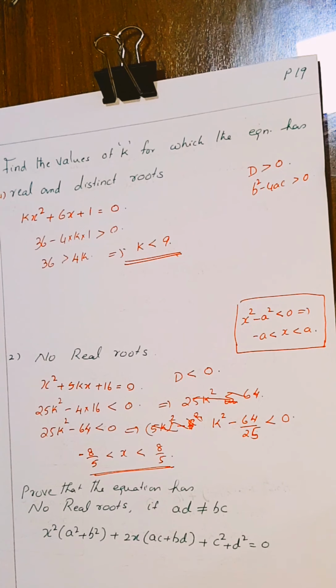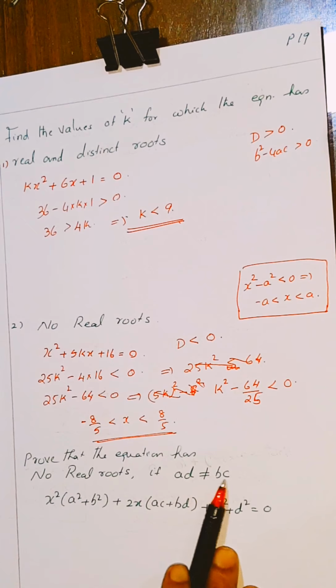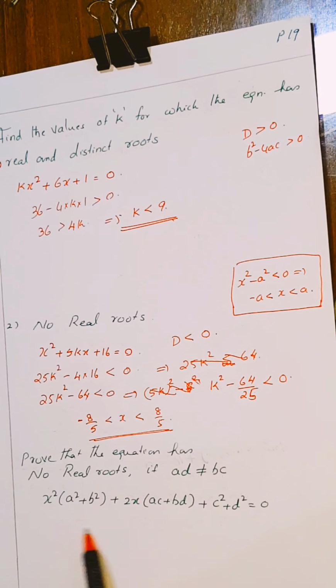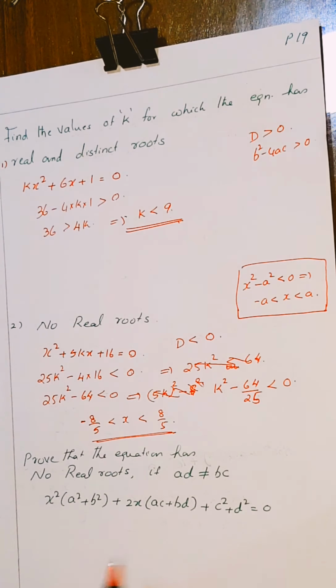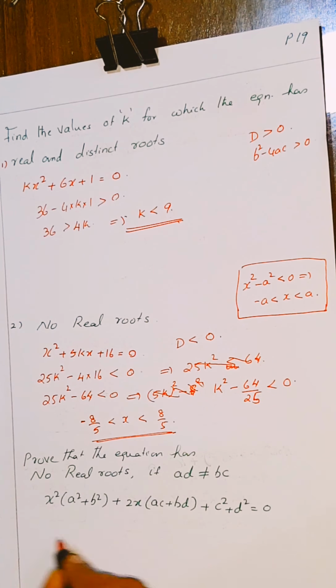Now we have to prove the equation has no real roots if AD is not equal to BC. This equation will not have any real roots. So if there are no real roots, D is less than 0.